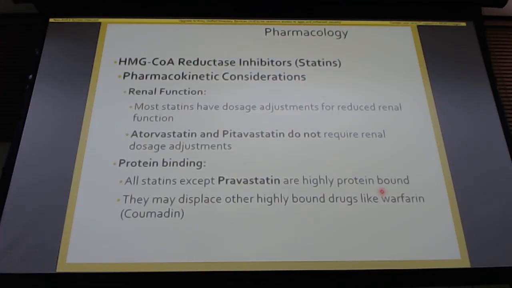What I want you to remember is your atorvastatin and your pitavastatin. That's why I was telling you to look at that one. You don't have to renally adjust. So these are your drugs of choice in your patients who have any type of renal issues, renal failure. These are our drugs that are more likely to work. I don't have to do so much work.